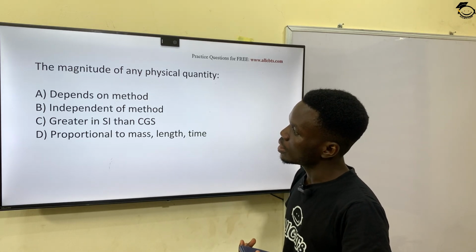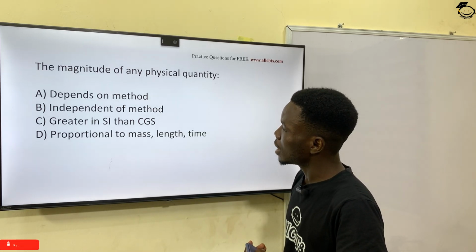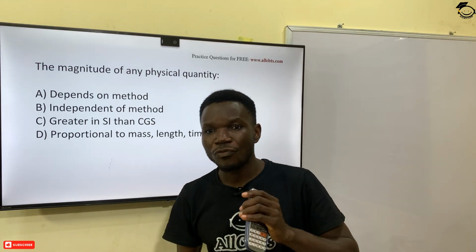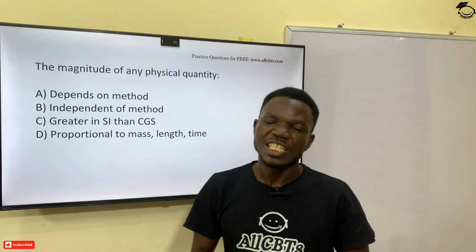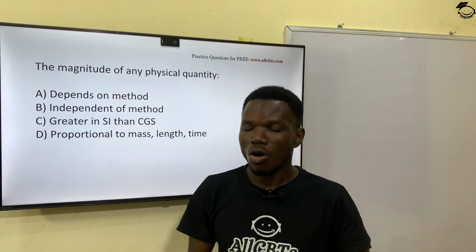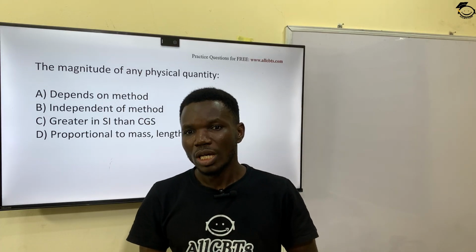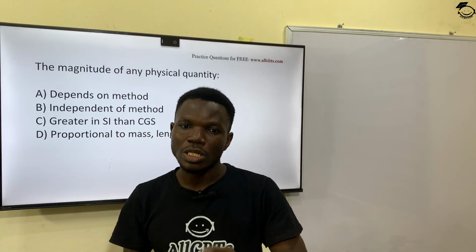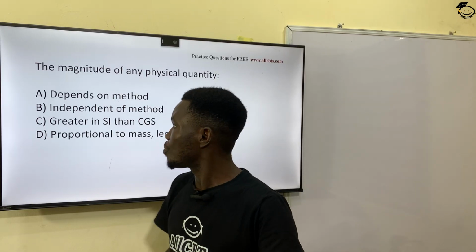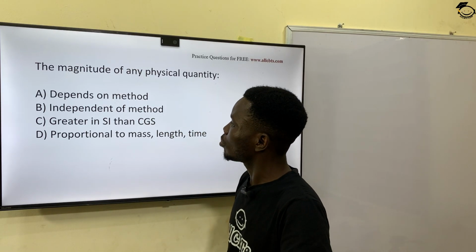Option D says it is proportional to mass, length, and time. Now, the magnitude of any physical quantity is independent of method. It does not depend on the method. Irrespective of the method, the magnitude of a physical quantity will remain the same. So the correct answer here is option B.